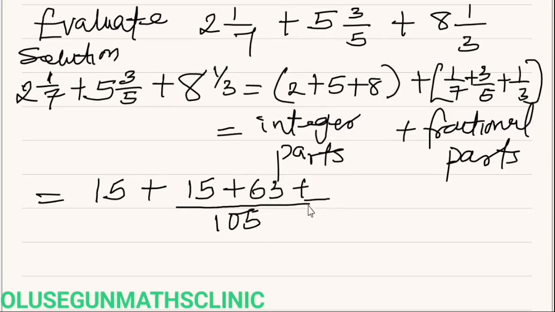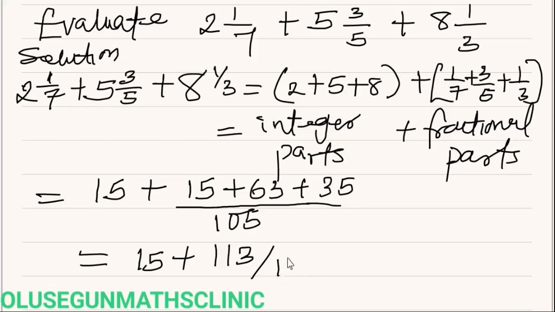Now plus, 3 in 105 will give us 35. So 35 times 1 is 35. So it will now give us 15 plus 113 over 105. Now, this is an improper fraction.